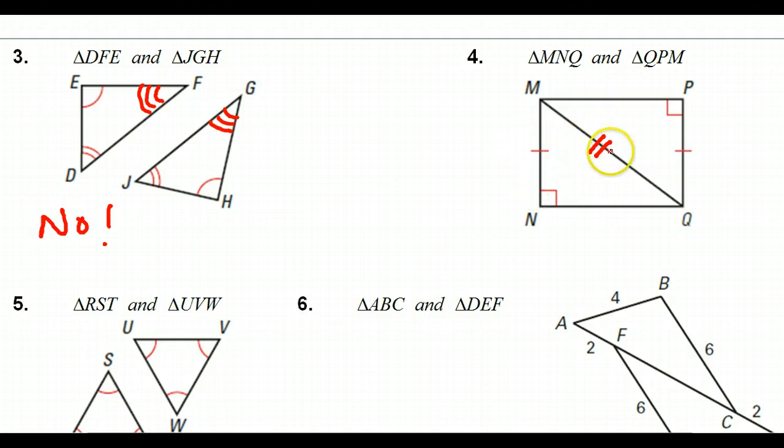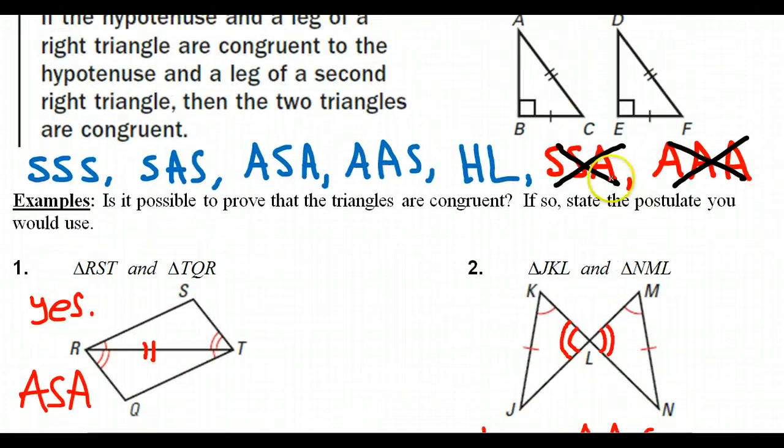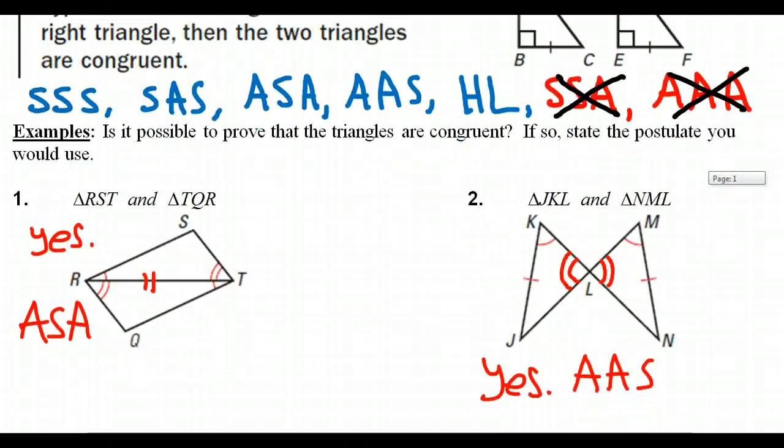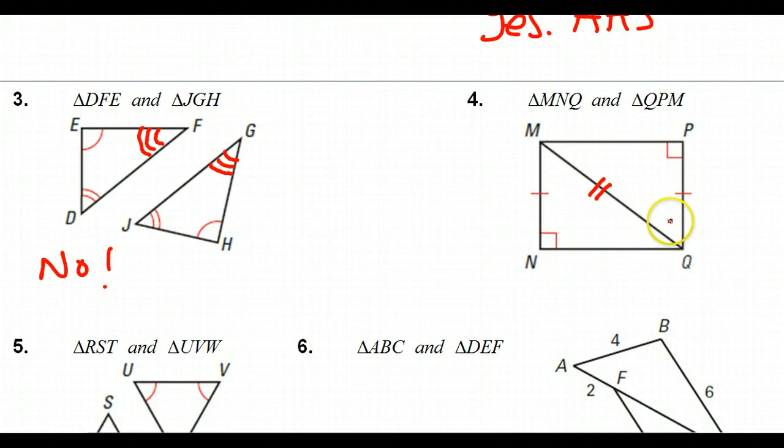Angle, side, side. And we know that angle, side, side, or side, side, angle, is not one of the things that proves triangles are congruent. So does that mean that number 4 is a no? These two triangles are not actually congruent?